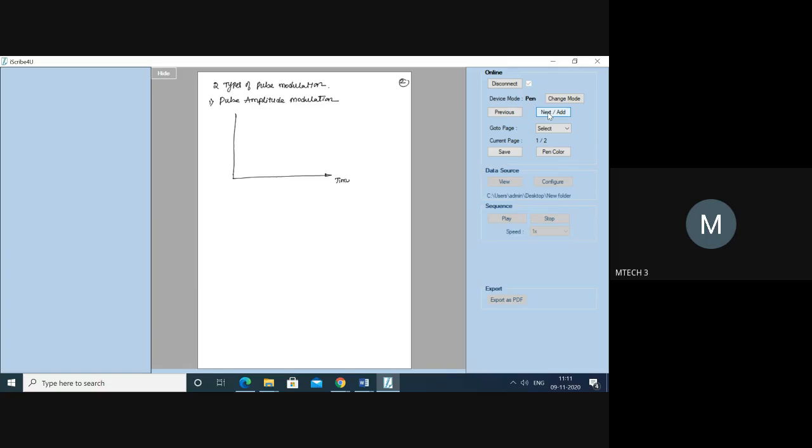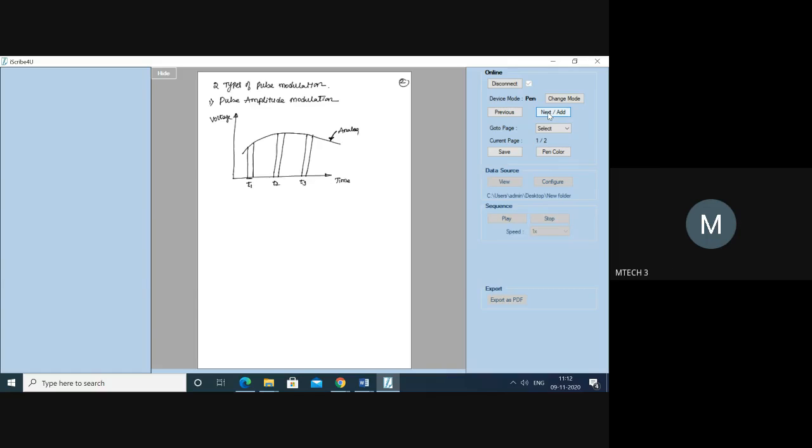In the case of pulse amplitude modulation, if you observe, this is going to be my time axis, and this is going to be my voltage or any signal for that matter. Assume this is the signal. What do these two lines indicate? What type of signal is this?